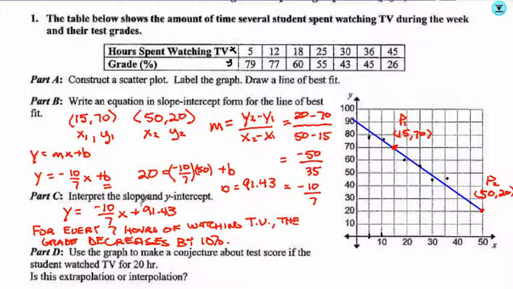Okay, so that's what that is, the rate, right? A negative 10% per 7 hours of watching television.